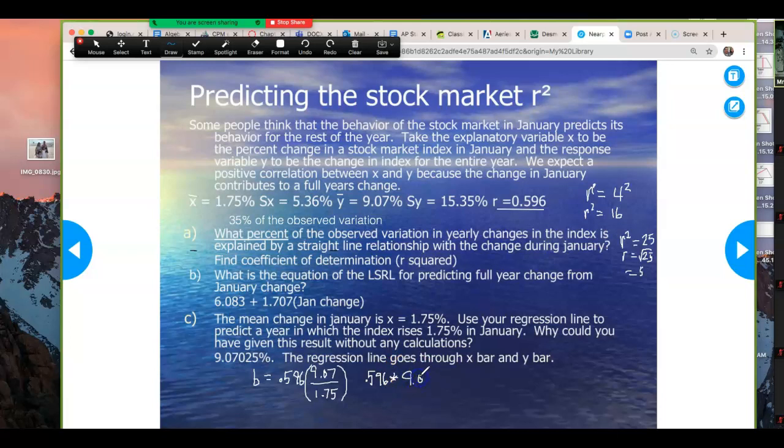And then we go in any order, multiplication and division, slash 1.75. So this means divide. If I just punch those in, I should get 6.083. That's B.